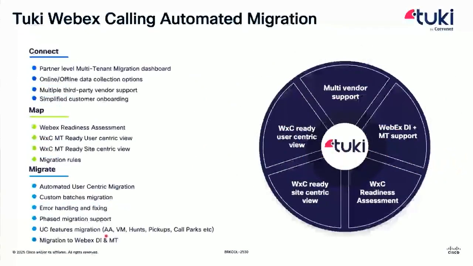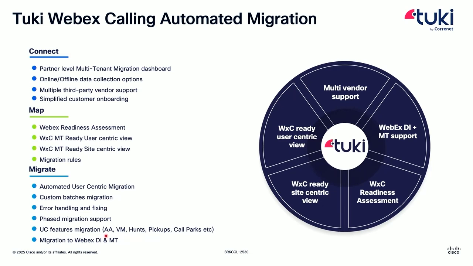And that's also true for these guys. And I think both of them, Wrangler and this Tuki migration tool, they both have their pros and cons. But to be honest, looking at the existing market, I think these two tools are the most flexible and most comprehensive ones when it comes to migrations from UCM to WebEx Calling multi-tenant.